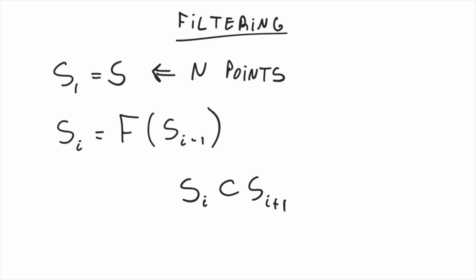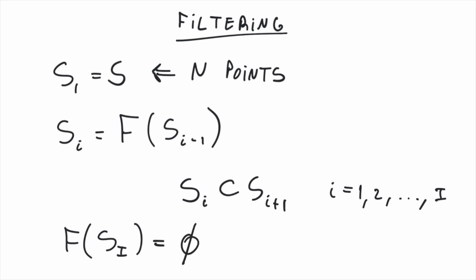This will go on for i from 1, our original set, and onwards until we reach a terminal set. This terminal set is defined such that the filtering function on the terminal set is the empty set. So after the last step, no points are left in our sets.